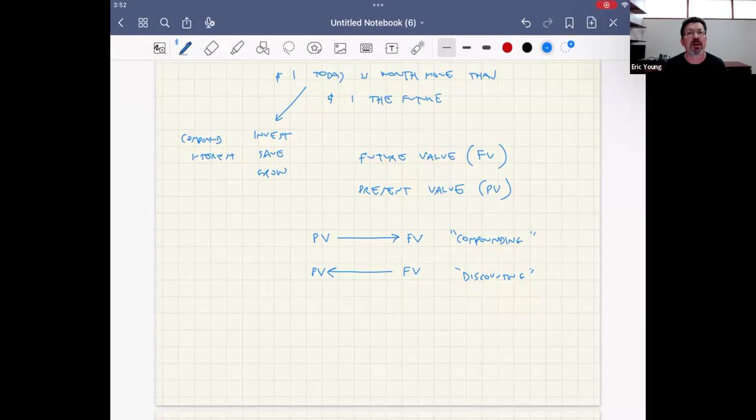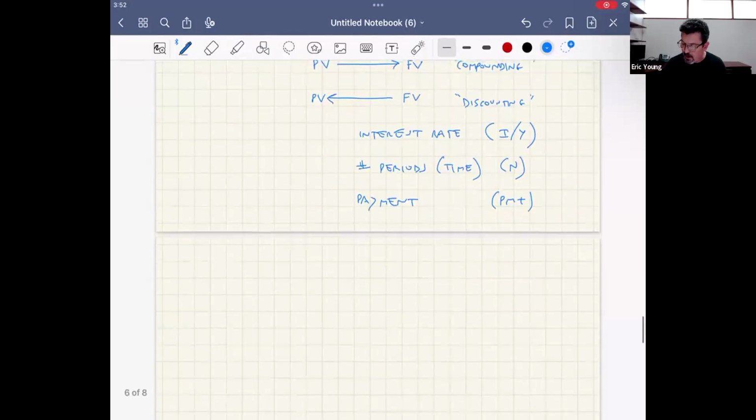So future value, present value. The other components in time value of money include the interest rate, which we call I, or sometimes IY, interest per year. The number of periods that we're talking about, in other words, the time, which we call N for number of periods, and then the payment.